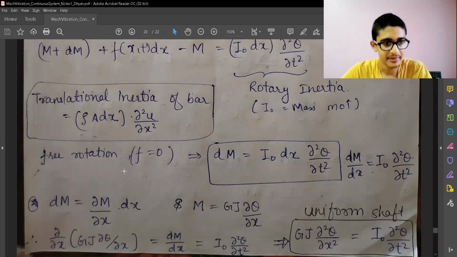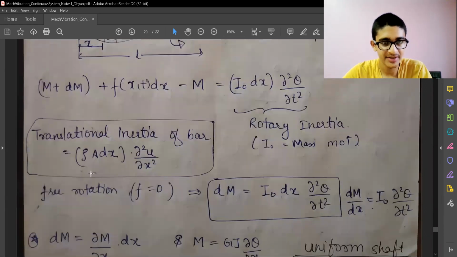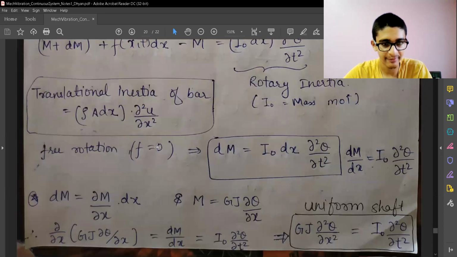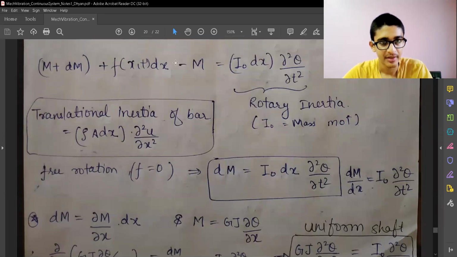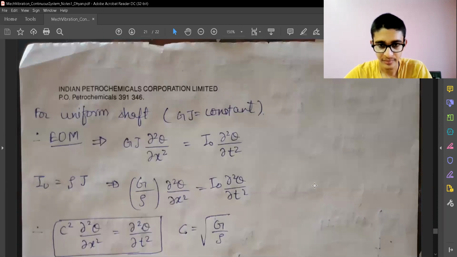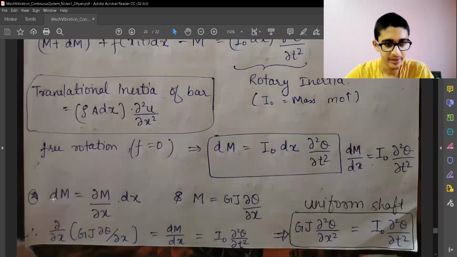In free vibration, f is going to be 0, and in that case the M also gets cancelled, so I'm left with del M is equal to I naught dx del square theta by del t square. So that's all we have.